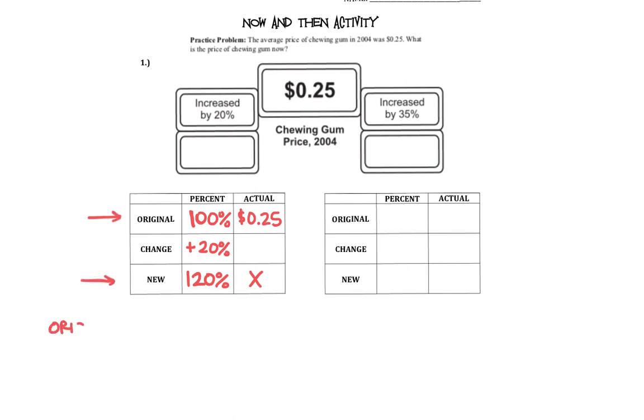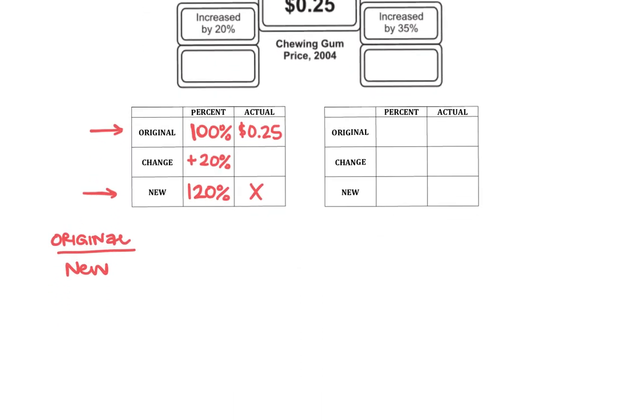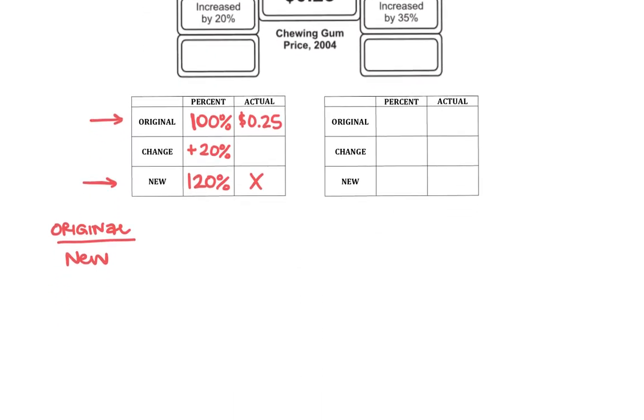I'm going to put the original on top and the new on bottom, although it really doesn't matter; you could flip-flop that. Remember, as long as you are consistent, that's what's important. Okay, so the original is 100 over the new is 120, and then we have 25 cents over X.